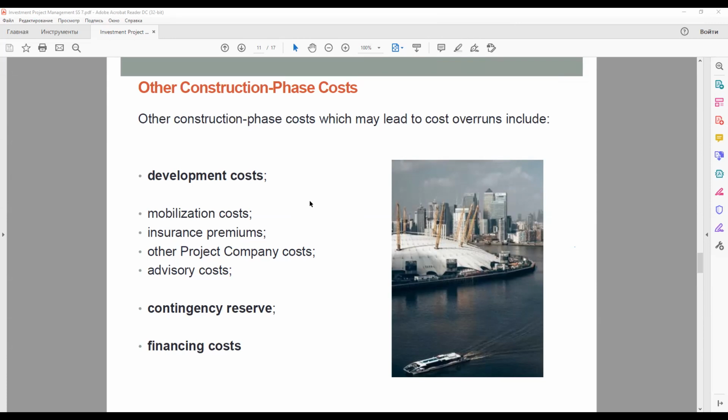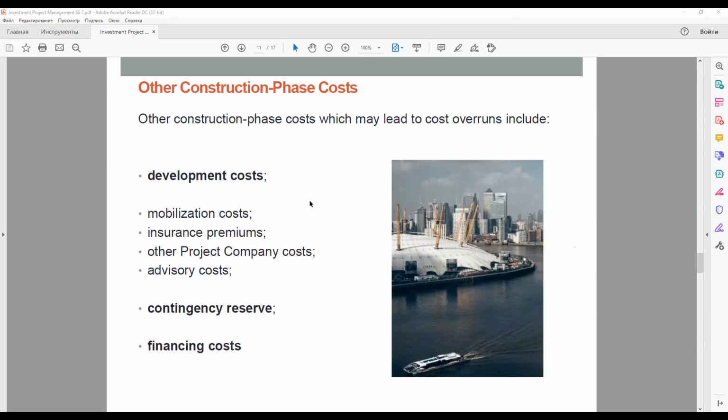Advisory costs. If changes in any of the project contracts become necessary, so that lawyers and financial advisors are brought back into the picture, this is likely to add considerably to advisory costs during the construction phase of the project. So advisory costs should be considered carefully. And there are also the project company's own costs.